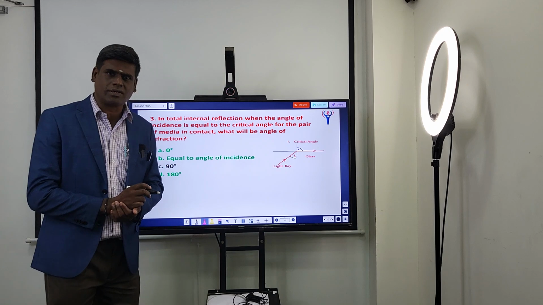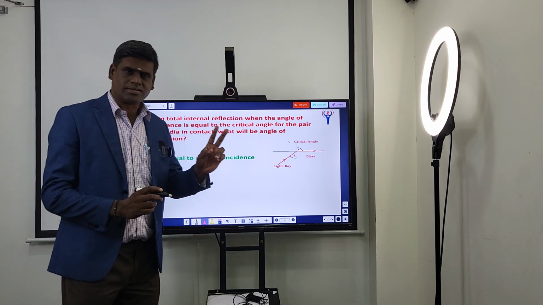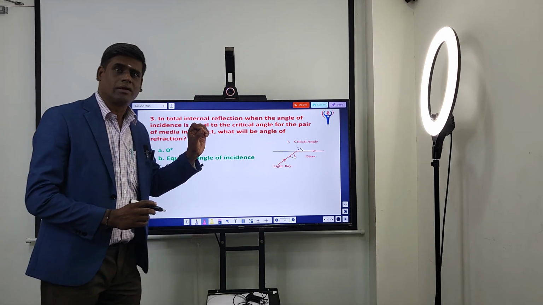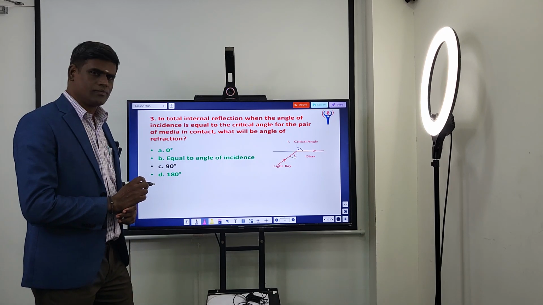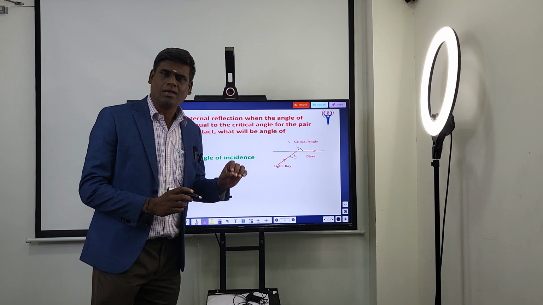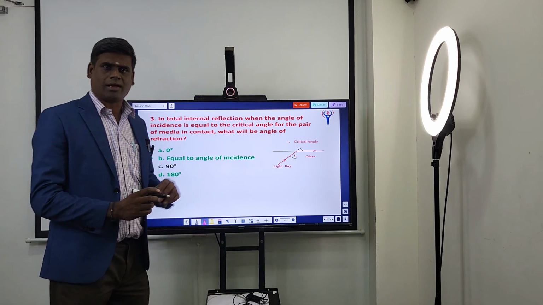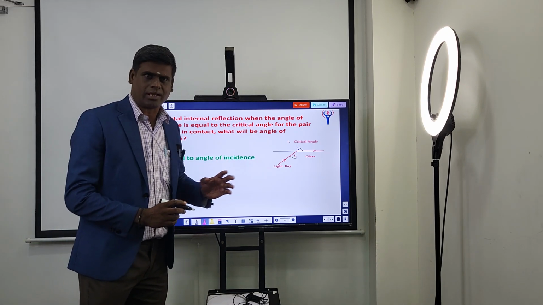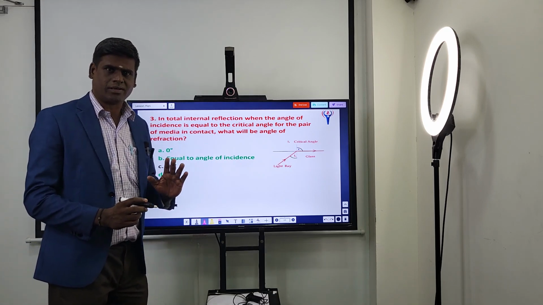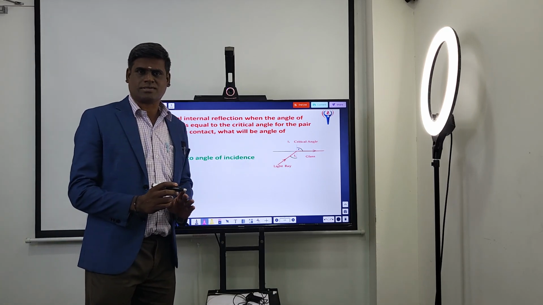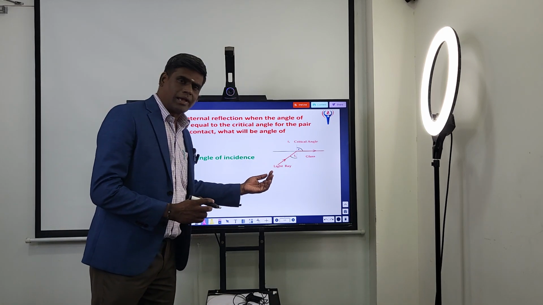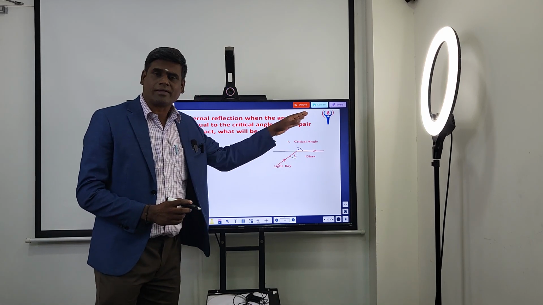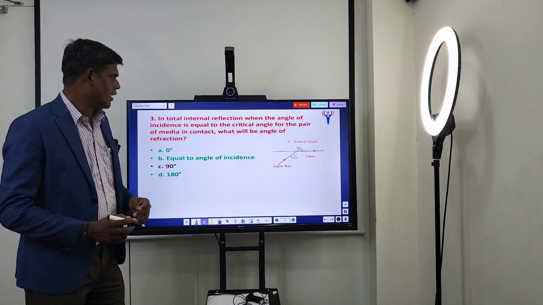In total internal reflection, there are two conditions. One, light must travel from denser medium to rarer medium. Another, angle of incidence must be equal to or greater than the critical angle. If the angle of incidence is less than the critical angle, light will be refracted into the other medium.